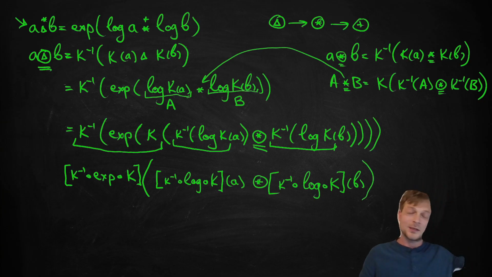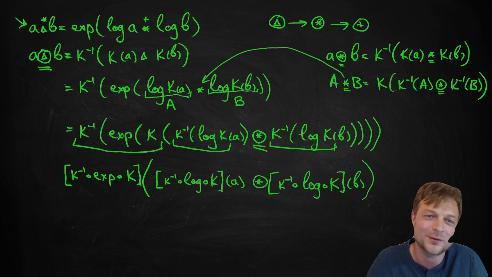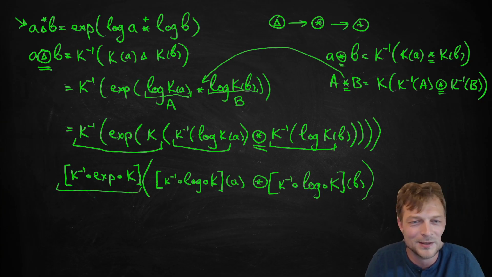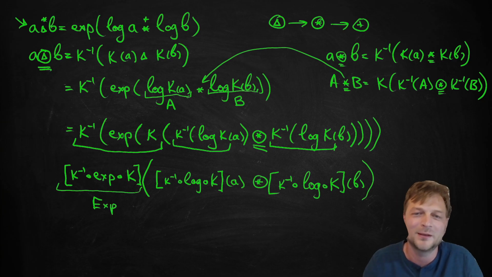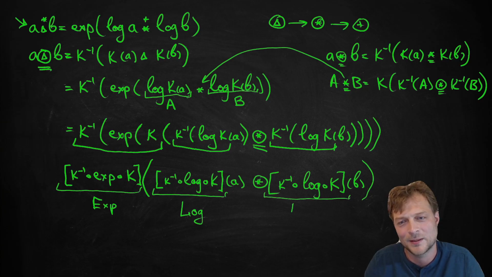So you see this sandwich product, like versors, I think in geometric algebra they are called. So I will denote this expression as X with capital E and this one with log, capital L, and this will be log.